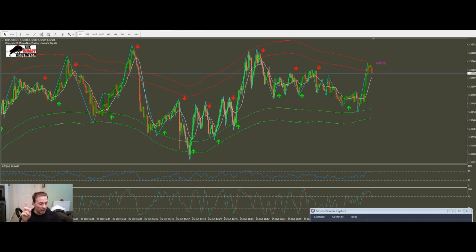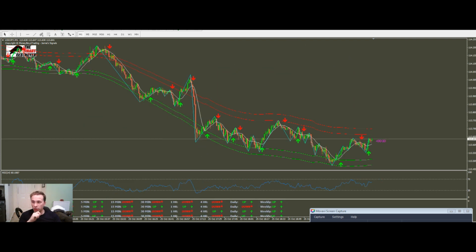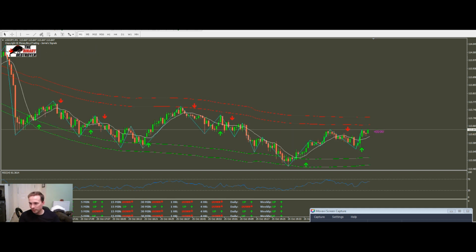What else was I looking at on my notepad? USD JPY. Okay, why was I looking at this pair? I can't remember why I was looking at this pair. At the minute, nothing's happening. Okay, I can see the price now. Can you see how the price is going into that sell zone there?